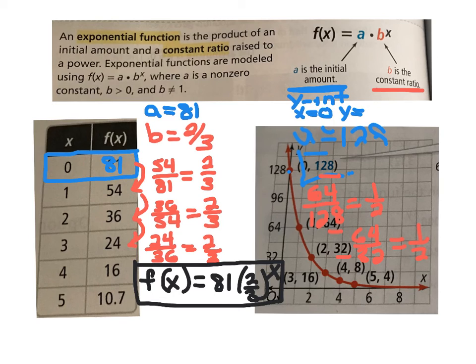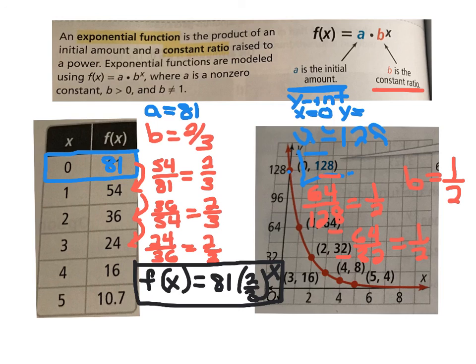If we take 32 divided by 8, we get 1/4, but in that case, if you notice, it's skipping by 2 values. It overlooked the third value. So we want to go in sequence. So our common ratio here is in fact 1/2, so our b value is 1/2.